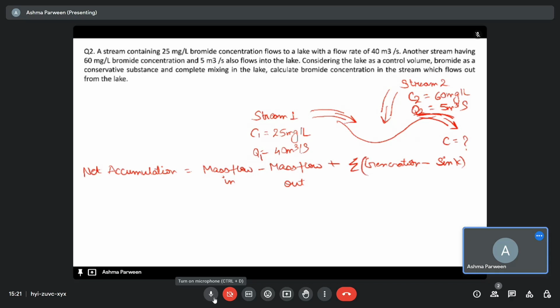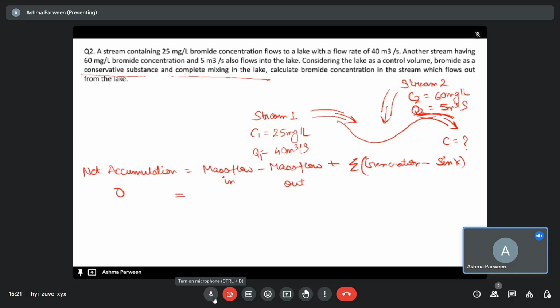We will also consider it a complete mix. It is given that bromide is a conservative substance. It means it will not react with anything, and it will come out in the outflow. And there is complete mixing in the lake, so the concentration will be the same everywhere. So we have to find the concentration in the outgoing water. Since bromide is a conservative substance, it will not be accumulated. The lake will always be in the steady state. So net accumulation will be 0.